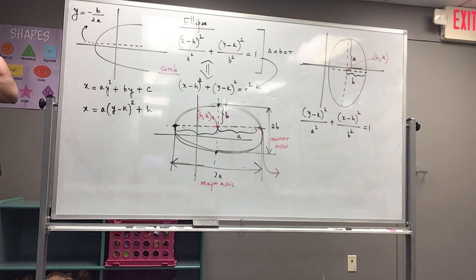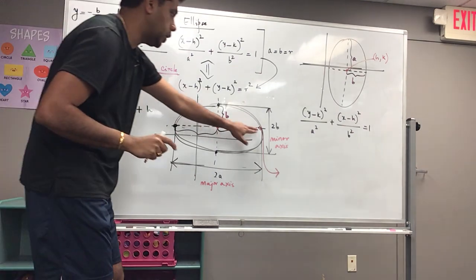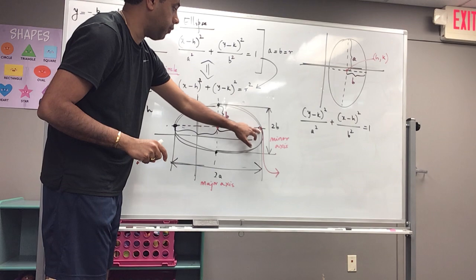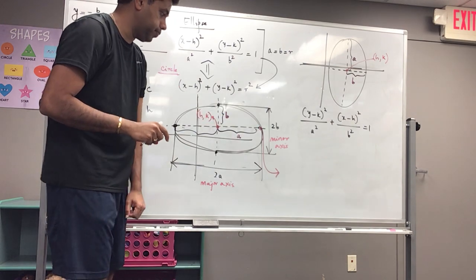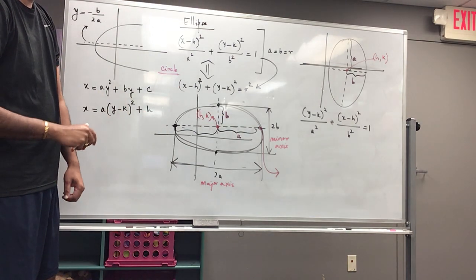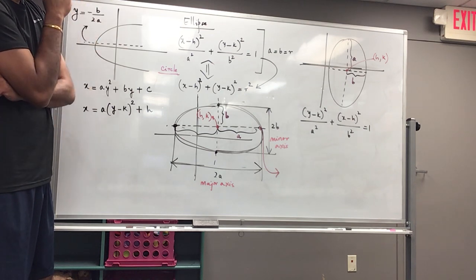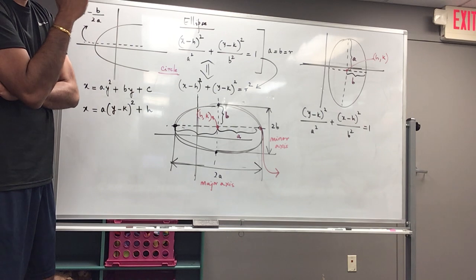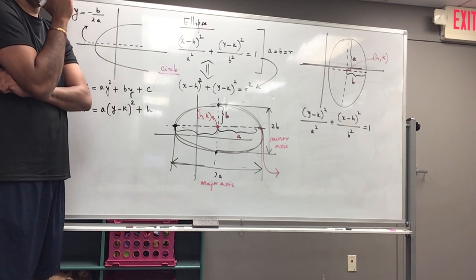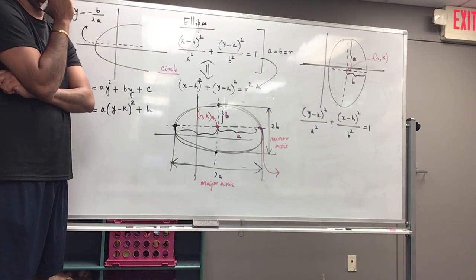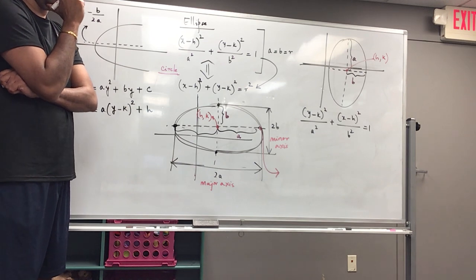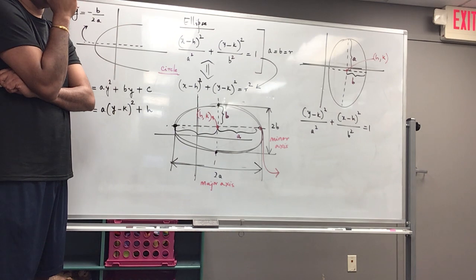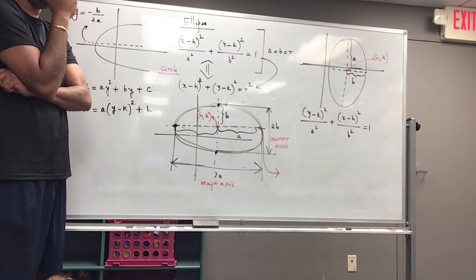What are the coordinates of this point in terms of A, B, H, K? I really think you can answer this. A plus H. For you have X and Y coordinates, right? Think, you're getting close.